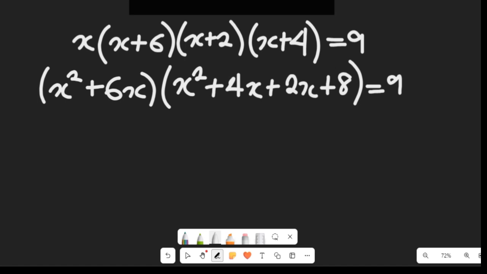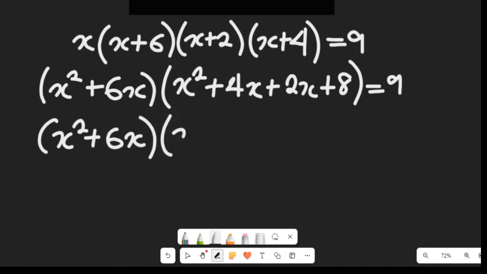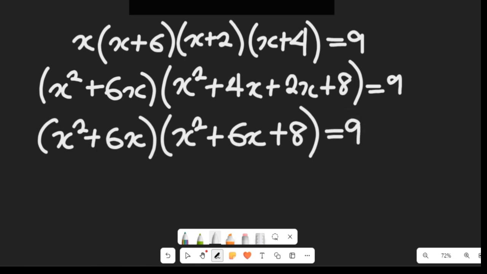Great. Now if we simplify this, we are going to have x squared plus 6x, and this will be multiplied by x squared plus 6x plus 8, and this will be equal to 9.